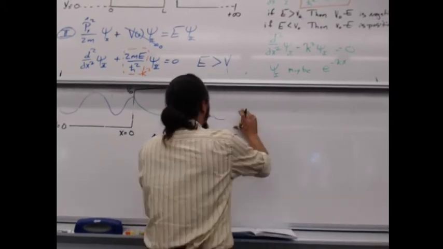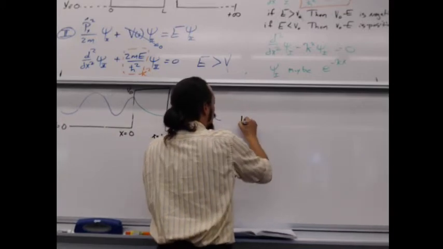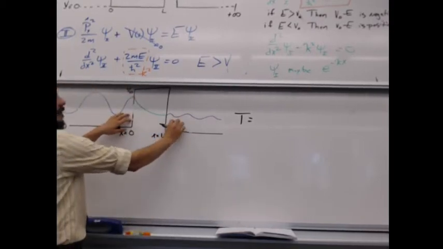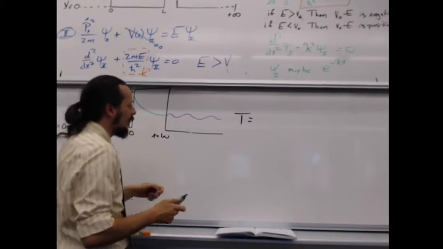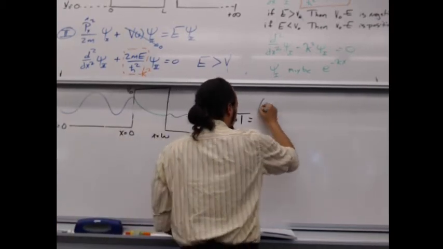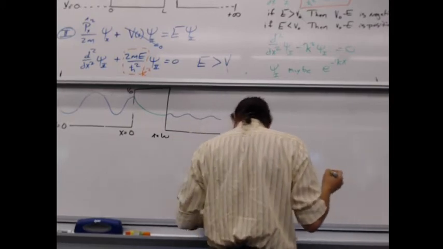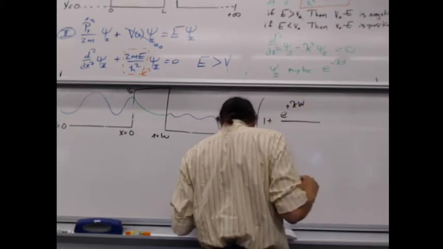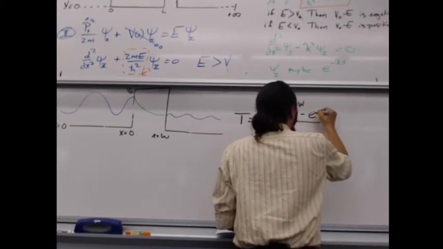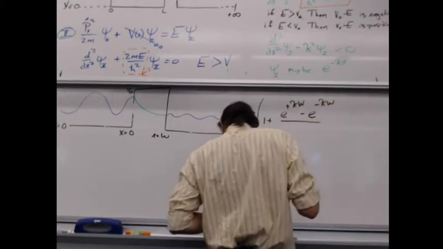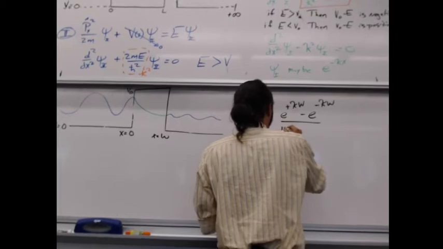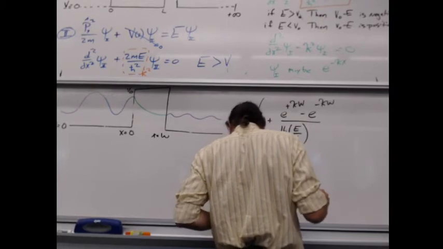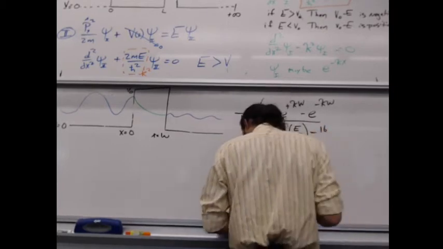We could talk about these solutions and the tunneling coefficient, the transmission coefficient. That is to say, the likelihood that you have some amplitude on this other side after you go across is going to be 1 plus e to the positive kappa W minus e to the negative kappa W, divided by 16 E over V0 minus, oh, I feel like I have a typo.